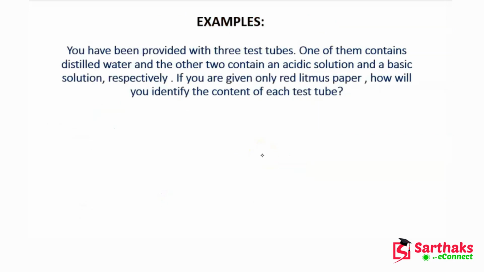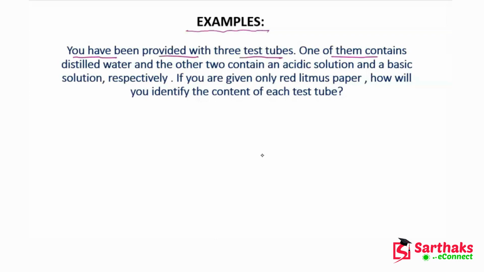Okay students, so here we will see an example that will check our knowledge of how we have learned this chapter. First of all we will read this question. You have been provided with 3 test tubes.